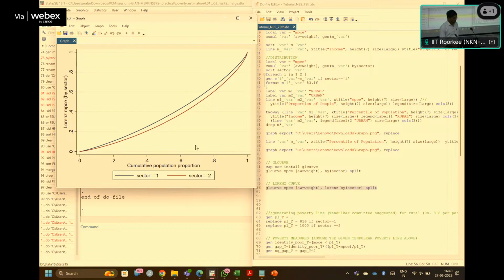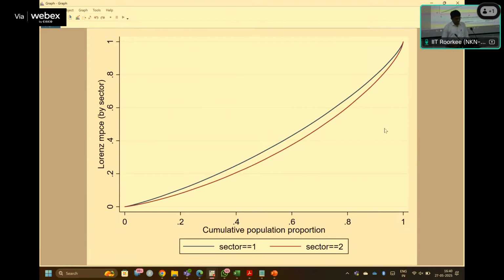Is it 0, 1 and 0, 1? It's on the vertical axis, I cannot see from here. Then this is the Lorentz curve. I think I have to make it big. Yeah, there you go. This is the Lorentz curve we have, and by sector, it's 2 for urban and 1 for rural.